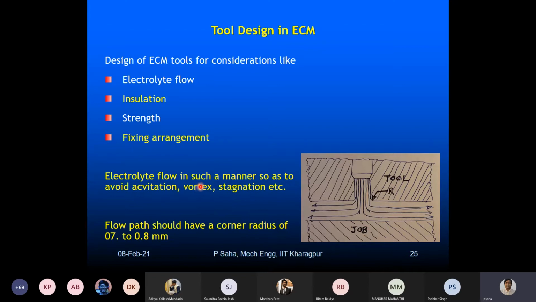Then local vortices may be created, which may change the electrolyte properties locally, or cause cavitation. This kind of situation should not happen. Here the electrolyte is not reaching at all. So in order to ensure that it flows smoothly, sharp corners will be avoided, and we always give a smooth flow path. To ensure this, we typically give a corner radius to sharp corners of between 0.7 to 0.8 millimeter.